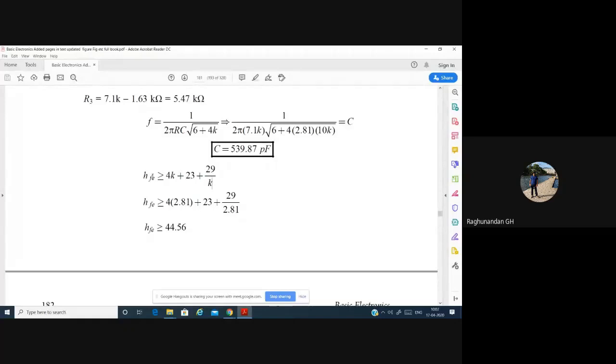That means HFE is 40, and by calculation of the circuit, we come to know that the required minimum gain is 44.56. But the gain of the transistor we have bought is only 40. That means in that condition, you're not going to get sustained oscillation, because this is the minimum requirement. The gain of the transistor should be greater than this. Then only you are going to get oscillations. Otherwise, you are not going to get oscillation.